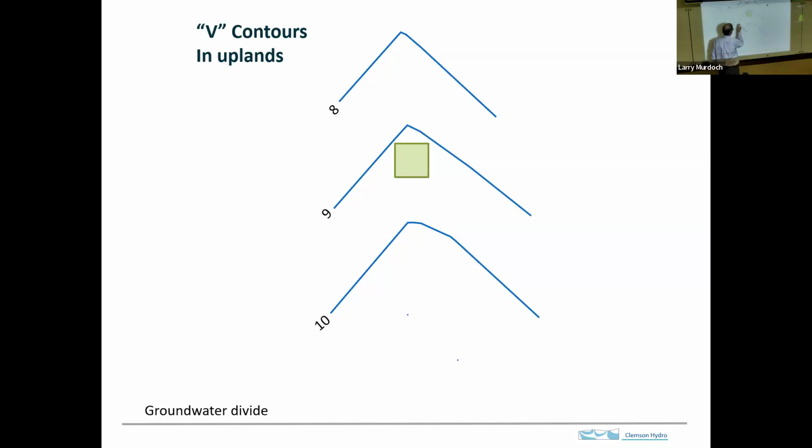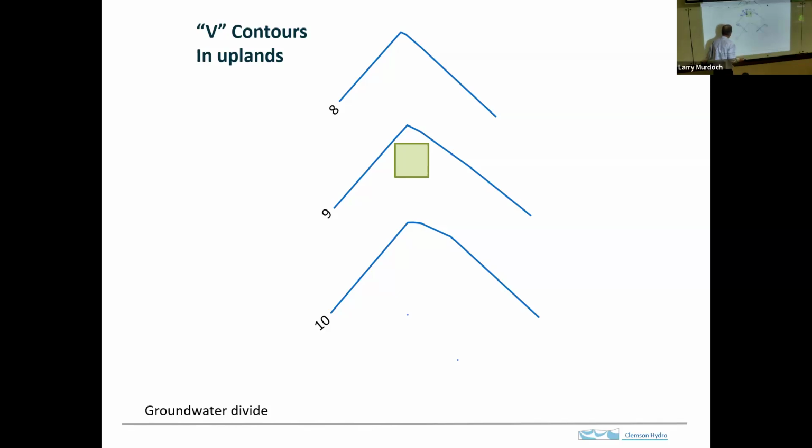So the flow is like this, and we've got flow. The flow vectors are resolved like that. So this is the same kind of pattern as the losing stream, but this is a ridge in the groundwater water table.